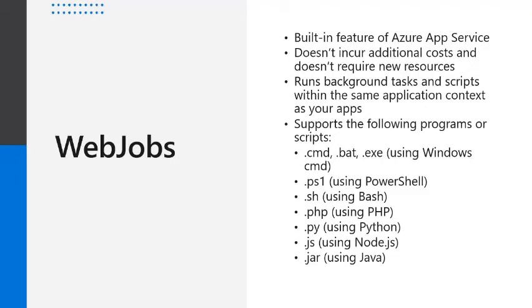WebJob is a feature of Azure App Service that enables you to run a program or a script in the same context as a web app, API app, or mobile app. There is no additional cost to use WebJobs. The Azure WebJobs SDK can be used with WebJobs to simplify many programming tasks.